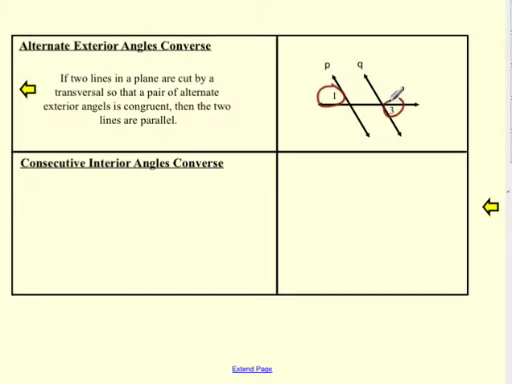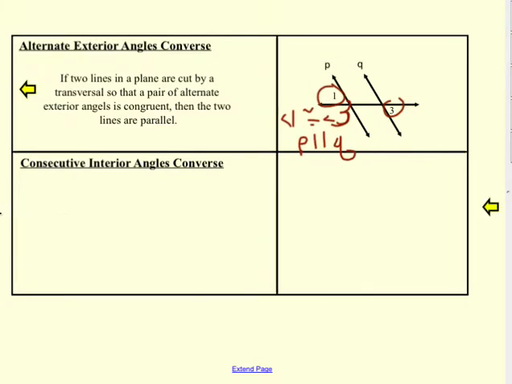So if we know that angle 1 is congruent to angle 3, then we can say that P is parallel to Q. And that's going to be by the alternate exterior angles converse. So if we know the alternate exterior angles are congruent, then P and Q have to be parallel.